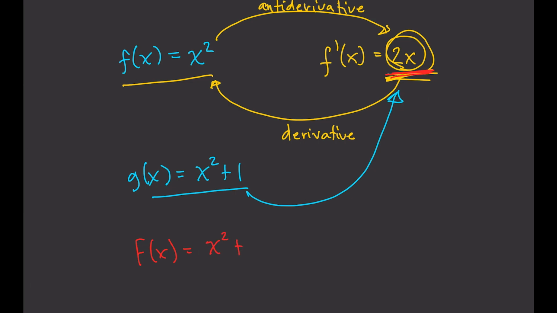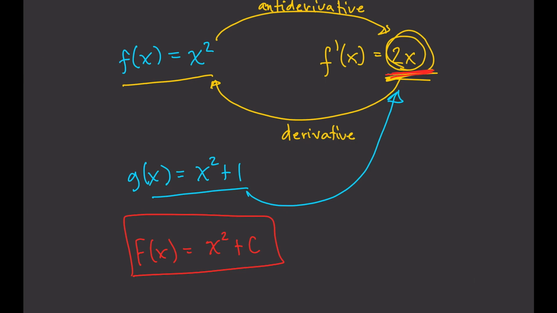Instead of writing a number, a constant, we just put plus c, and this c will represent all of the constants that you can think of. So that's the general antiderivative.